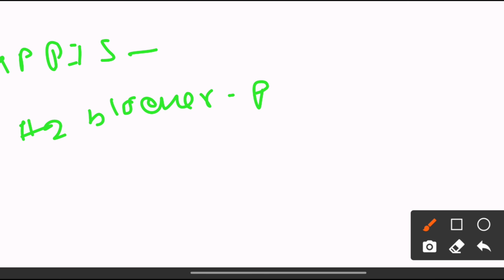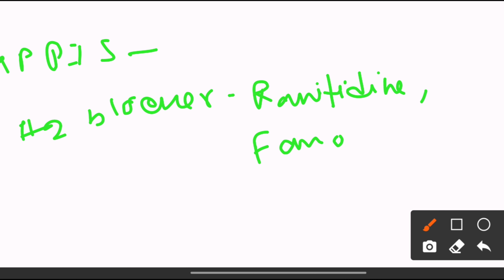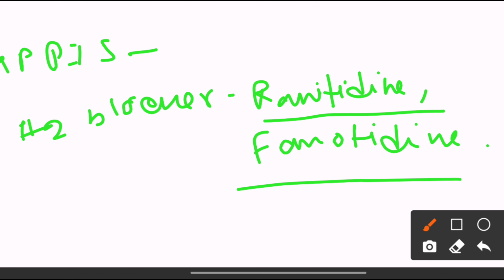For acid suppression, we use PPIs, and H2 blockers like ranitidine and famotidine.